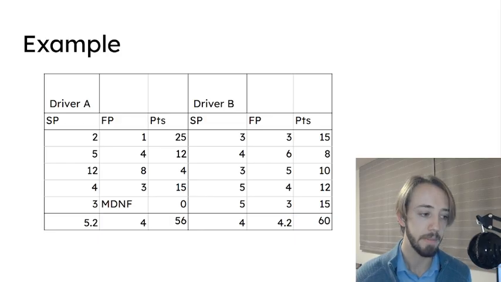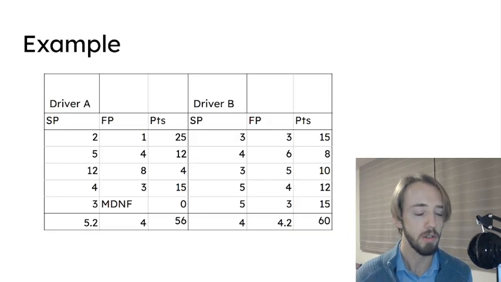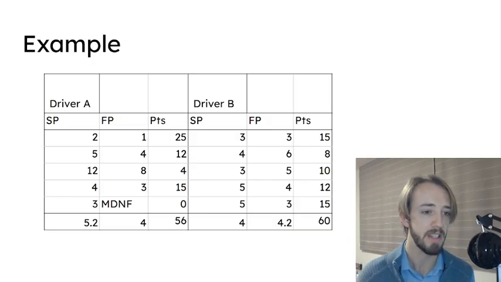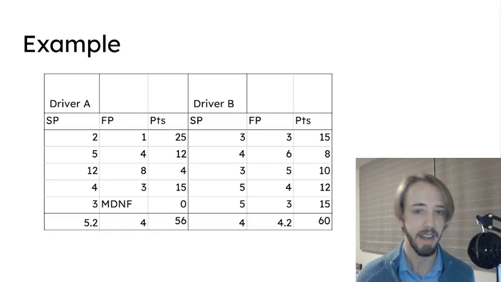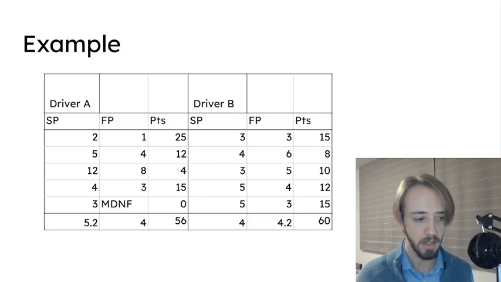But driver A has a mechanical DNF, and also a race where they qualify lower down the order, perhaps because of a grid penalty or qualifying out of position. It doesn't matter too much in our example, because we're focusing on race day performance. But you can see that in such a small sample size, just one mechanical DNF can have a pretty big impact.